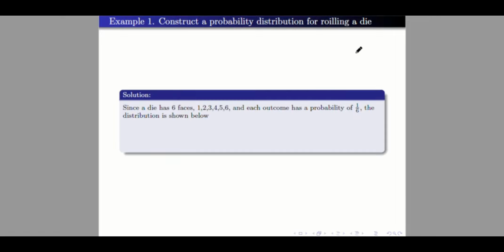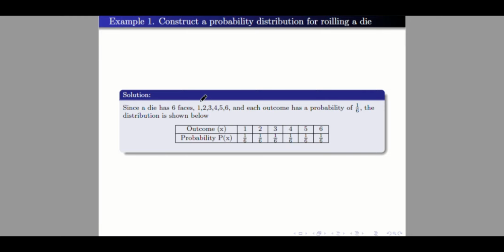Now construct a probability distribution for rolling a die. Take note, a die has 6 faces, so it has 6 outcomes: 1, 2, 3, 4, 5, and 6. And of course, each outcome has a probability of what? 1 over 6.